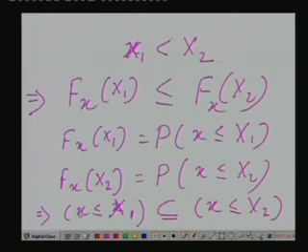So the set of outcomes for which X is less than or equal to x1 must be contained in the set of all outcomes for which X is less than or equal to x2.